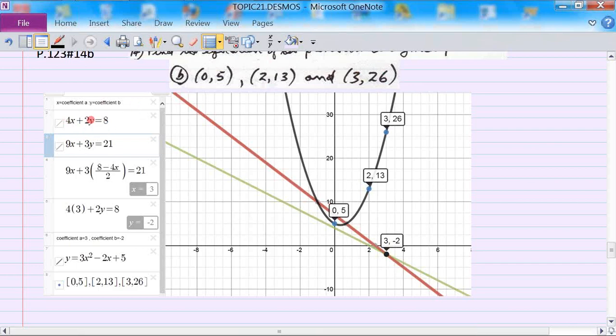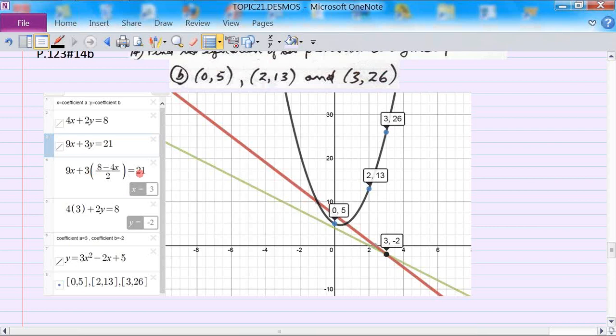And so y becomes 8 minus 4x over 2. So instead of the y here, I replace it so that everything is in terms of x. See, everything is in terms of x, and it tells me that x equals 3, which is the calculated way that I see it here graphically. This is the point of intersection, which I just click on, and I get that value.